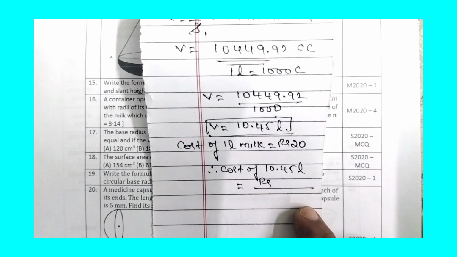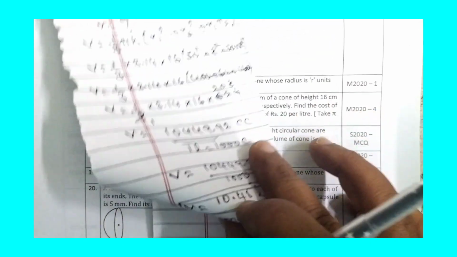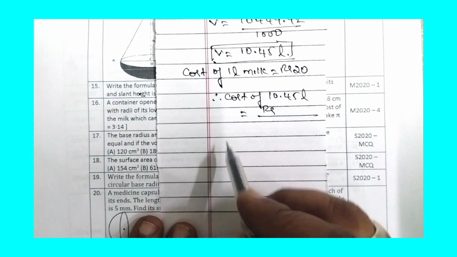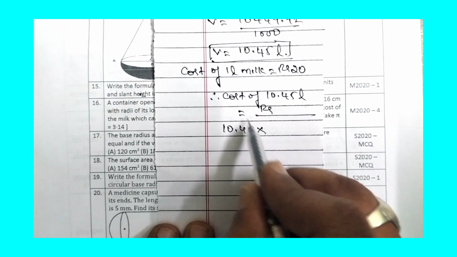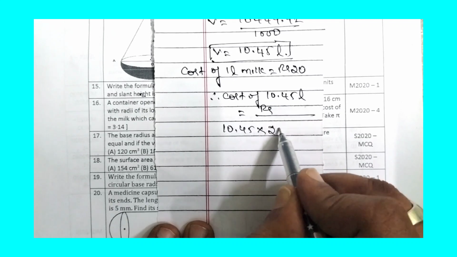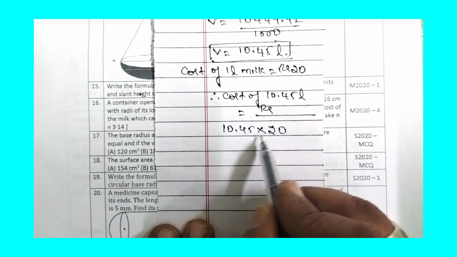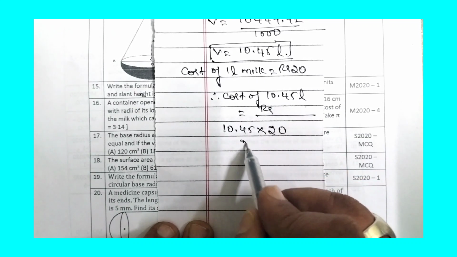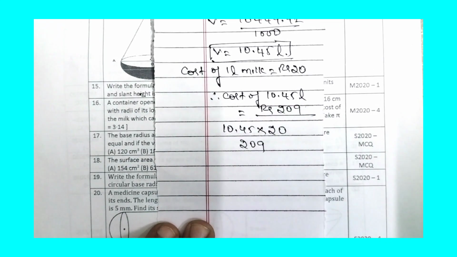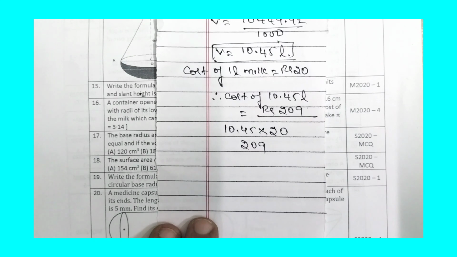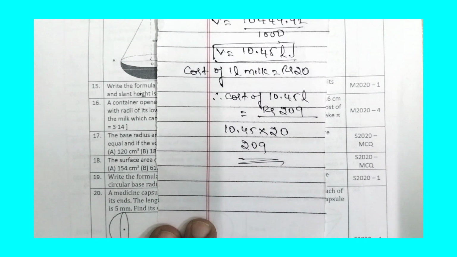So now what we have to do here? 10.45, the total volume of milk, should be multiplied by cost of 1 liter, which is 20. If you multiply these two, we will get 209. Therefore, cost of 10.45 liters of milk is 209 rupees.